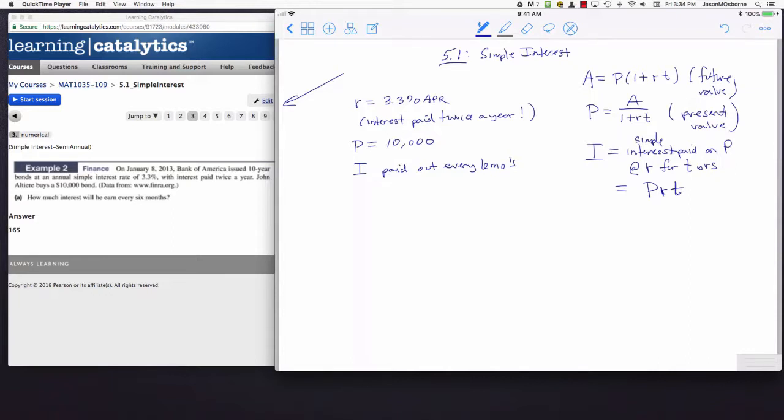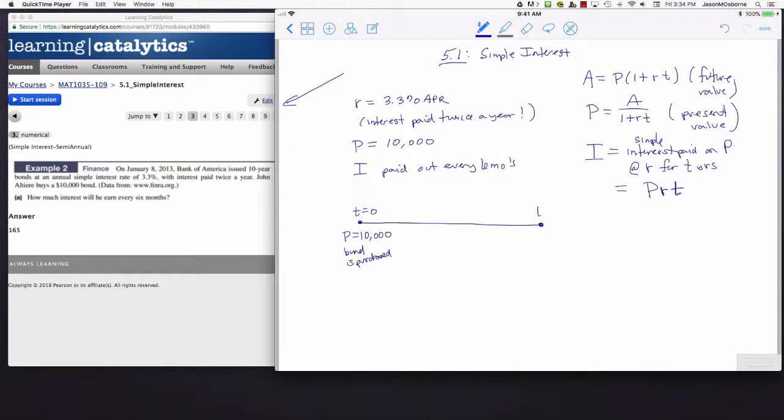One way to approach this problem, and I think the most straightforward way, is to realize that at time 0, P equals 10,000, and the bond is purchased.